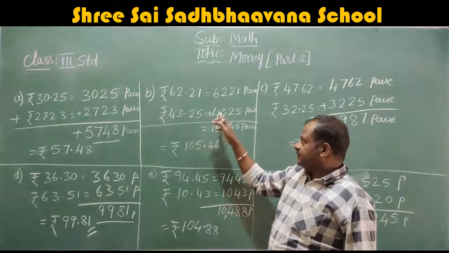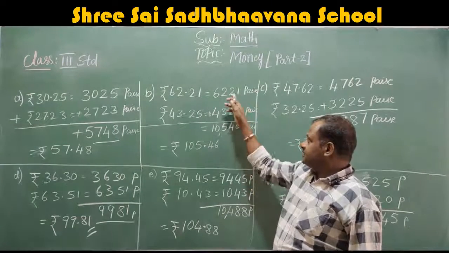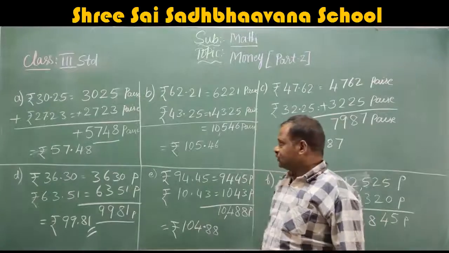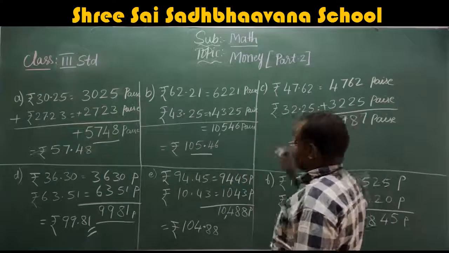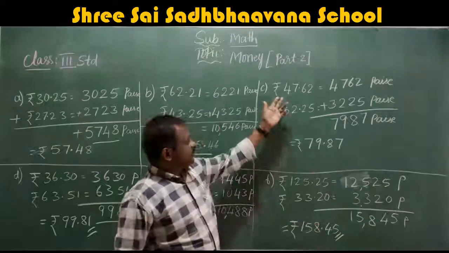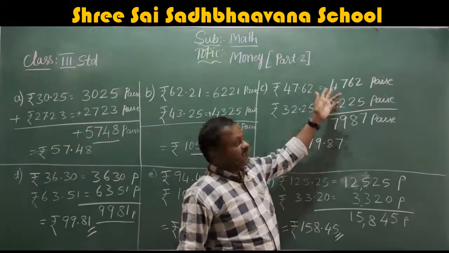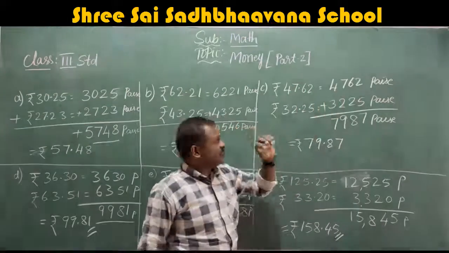Rupees 43.25 can be written as 4,325 paise. When you add, 5 plus 1, 6. 2 plus 2, 4. 2 plus 3, 5. 6 plus 4, 10. So that is rupees 105.46. Come to here, rupees 47.62 can be written as 4,762 paise.